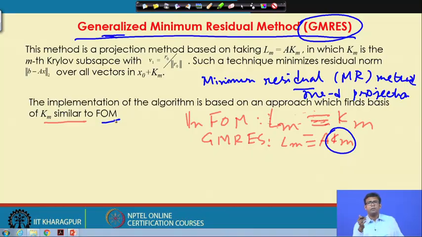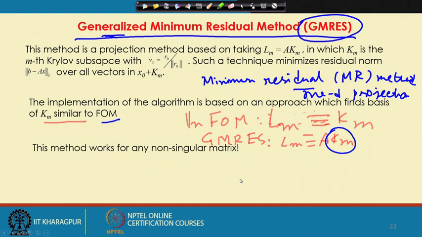So, the Hessenberg matrix, all the basis of the Krylov subspace, the basis Vm and Hm, everything will be exactly the same as in the full orthogonal method. Now, once we have found Km, we will do something else.